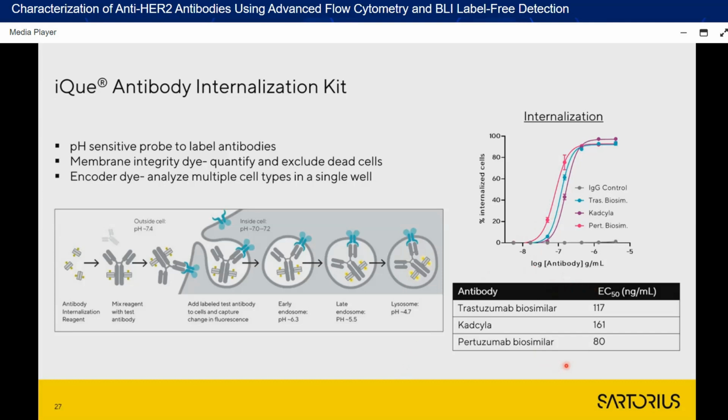But what was notable was that the Kadcyla actually had the lowest potency internalization with the highest EC50, which obviously was interesting because with the Kadcyla being an ADC, it's really the antibody that relies on that internalization capacity to deliver that mechanism of action.